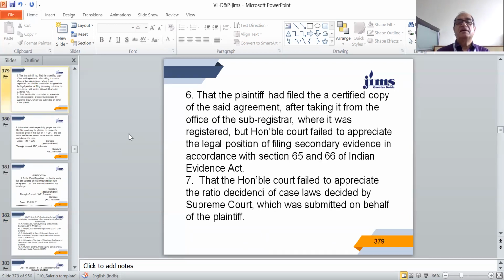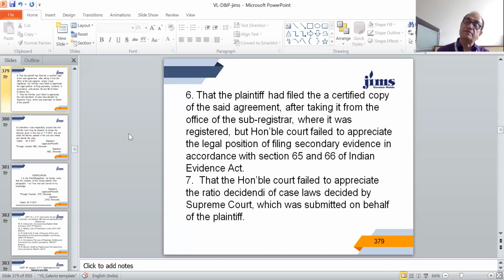Para 6. That the plaintiff had filed a certified copy of the said agreement after taking it from the office of the sub-registrar where it was registered. But the Honorable Court failed to appreciate the legal position of filing secondary evidence in accordance with Section 65 and 66 of the Indian Evidence Act.